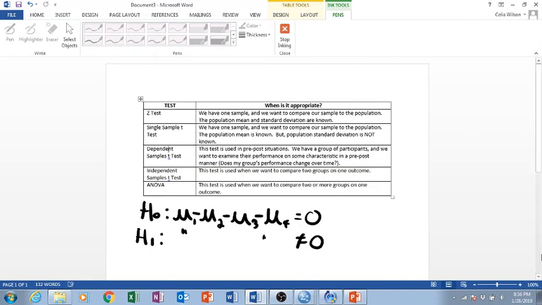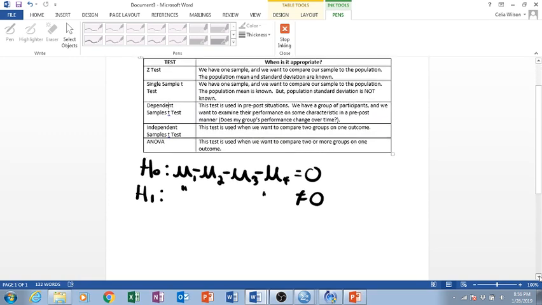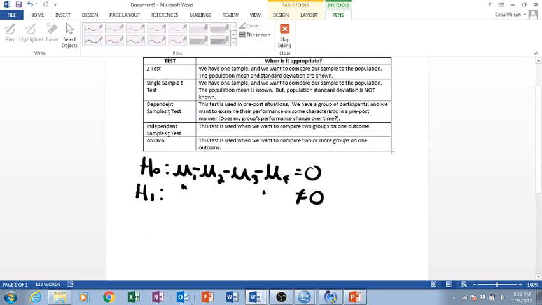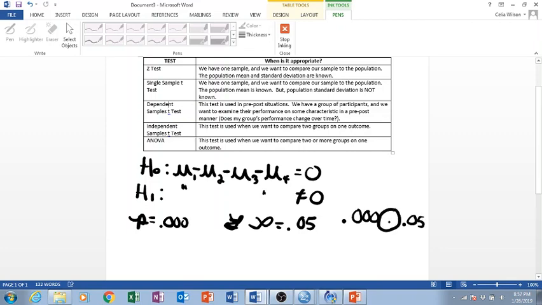Okay. Well, kind of going with our idea of being able to move a little faster now that we're getting the hang of it, I know that p-value was 0.000. I also know that my alpha is 0.05, right? Just like it's been all along. So if I'm making that comparison, and I have 0.05, and I have my little circle like in first grade, I know that this is less than 0.05.